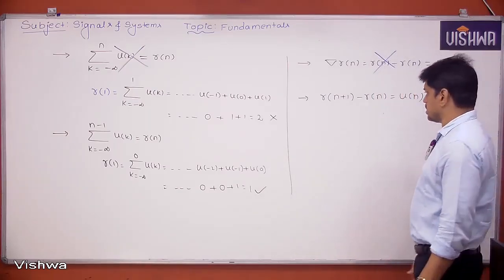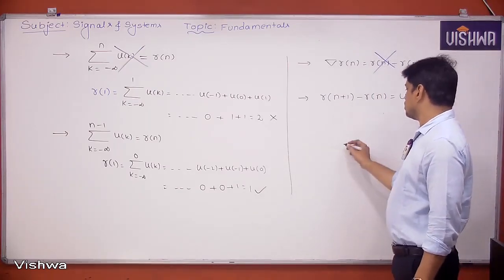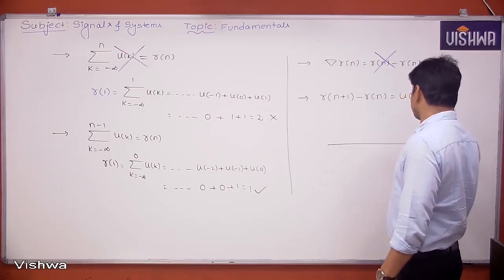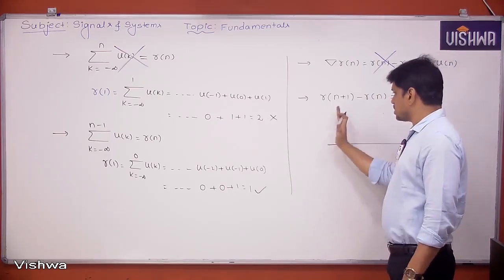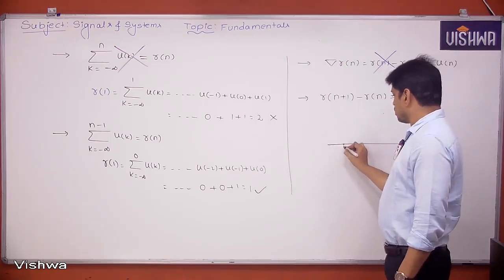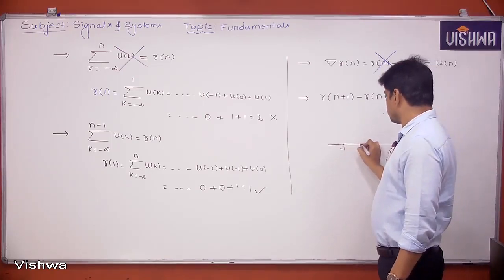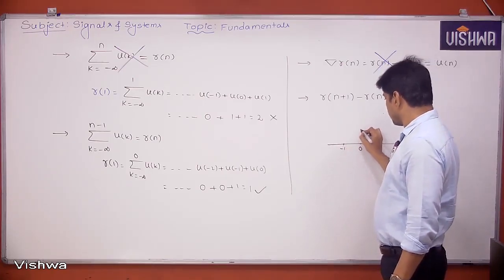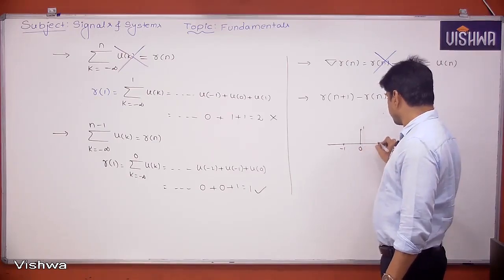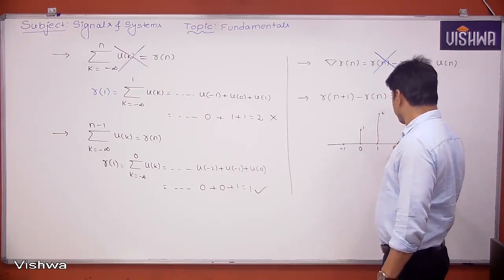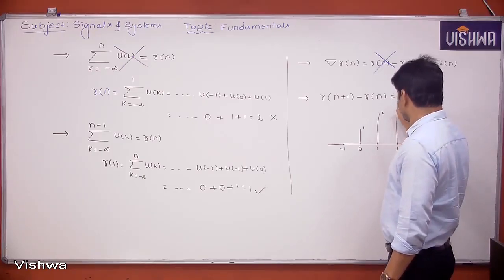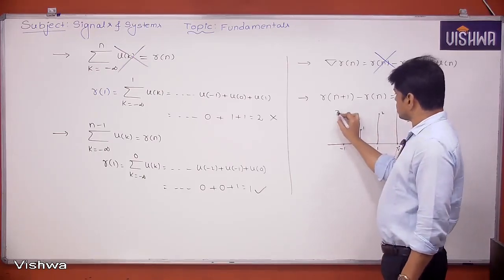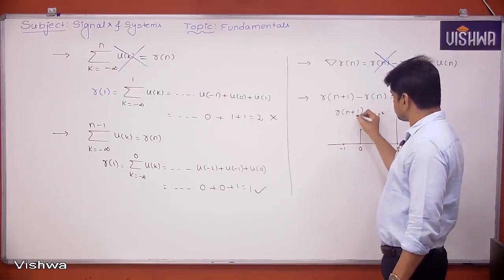Why? You can understand. Let's first draw r of n plus 1. r of n plus 1 means it is starting from minus 1. At minus 1, 0. At 0, its value is 1. At 1, its value is 2. At 2, its value is 3, and so on like that. So this is r of n plus 1.